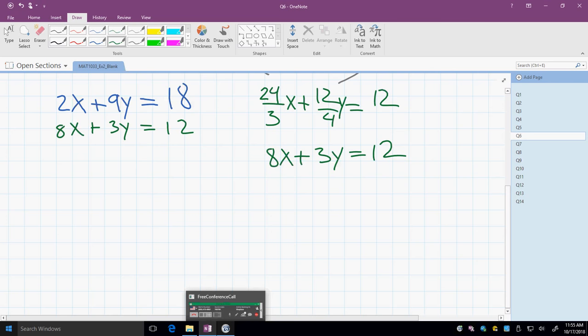I would like to eliminate my 3y. I'm going to choose the green equation, the second one, and multiply everything by negative 3 so I can cancel y. Now I'm going to distribute the negative 3 to every single term.